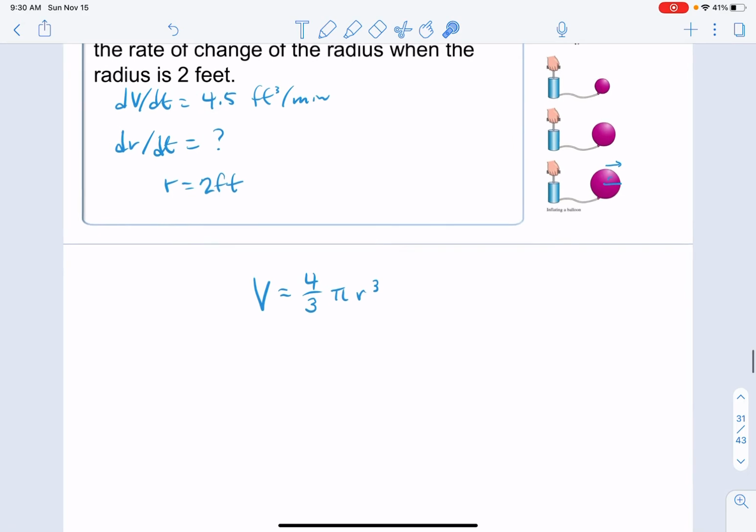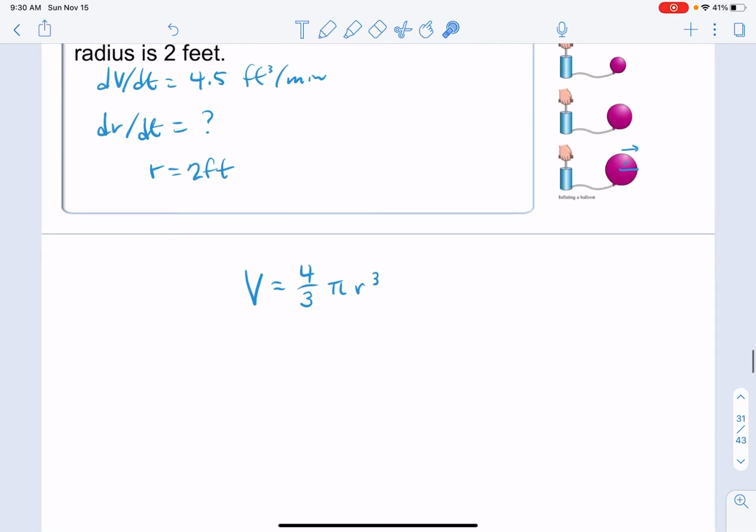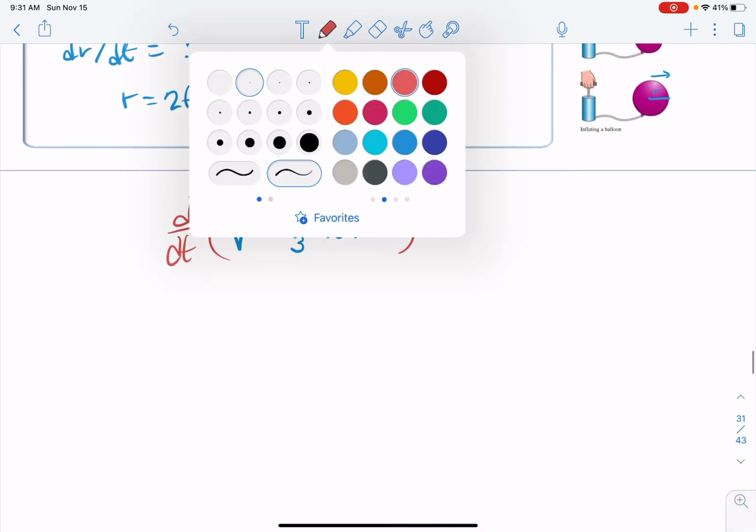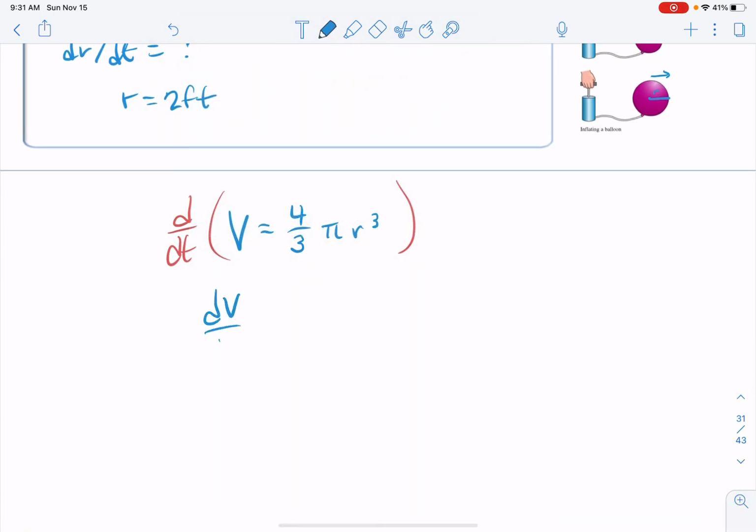I mean, whatever. Okay. Anyway, so I've got all my quantities. I've got my equation. I'm ready to take the derivative with respect to time. All right. So the derivative of the volume on the left-hand side, we got dV/dt.